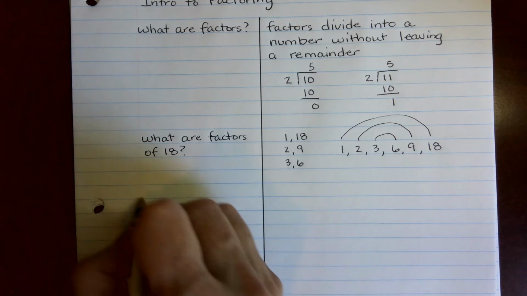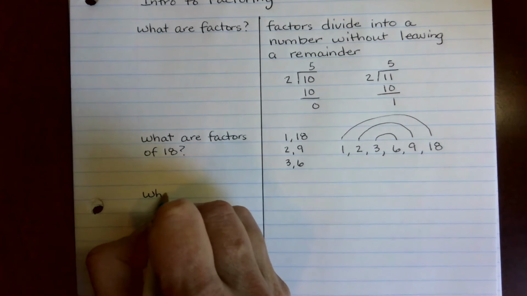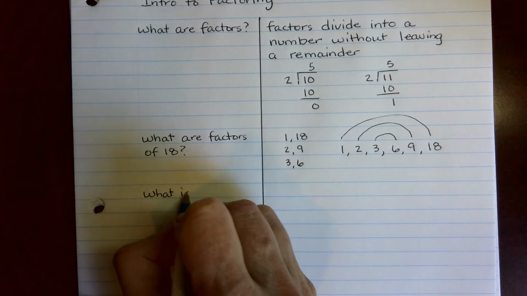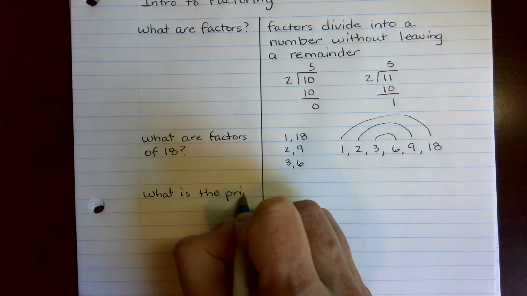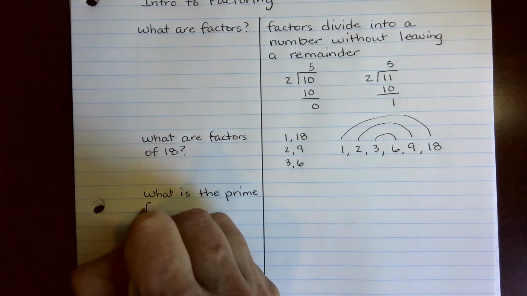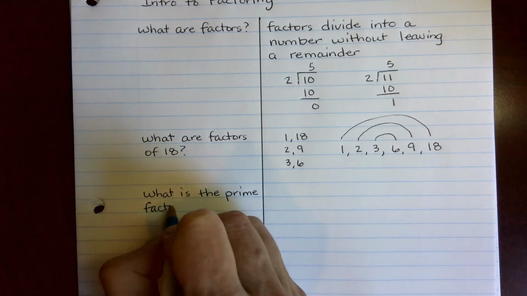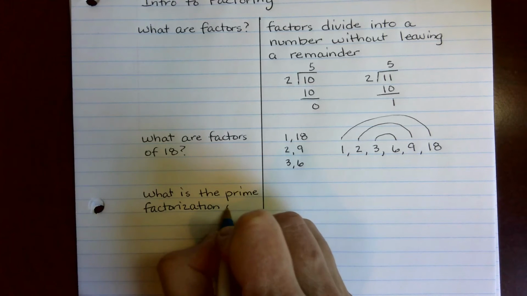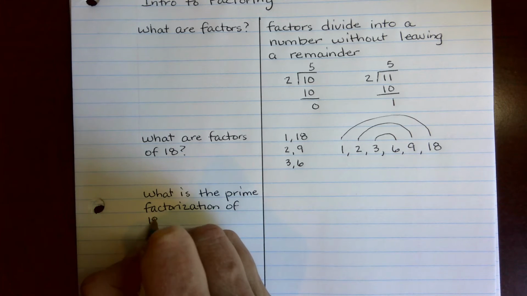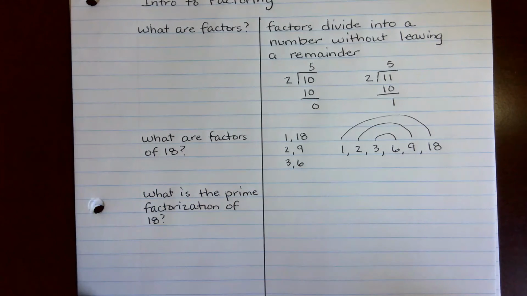Then we got to 5th grade, and we said, what is the prime factorization of 18? So we have to go back and think about prime numbers.